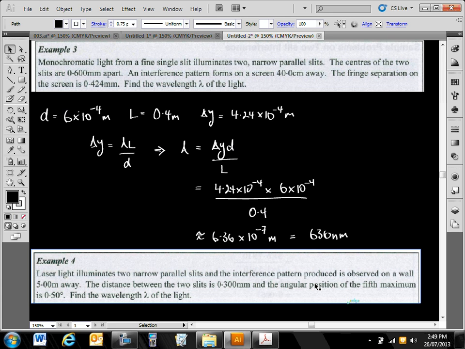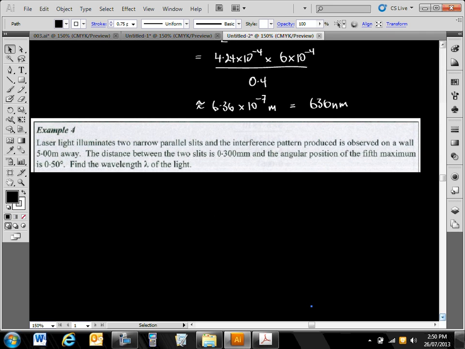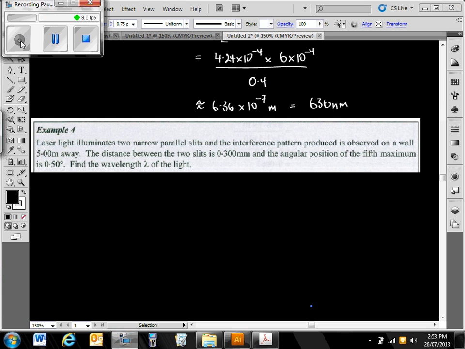The distance between the two slits is 0.3 millimeters, and the angular position of the fifth maximum is 0.5 degrees. Find the wavelength of the light. This is another situation you might encounter during your practical exercise.